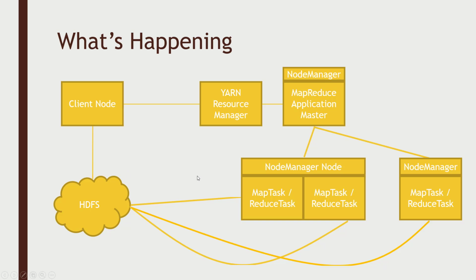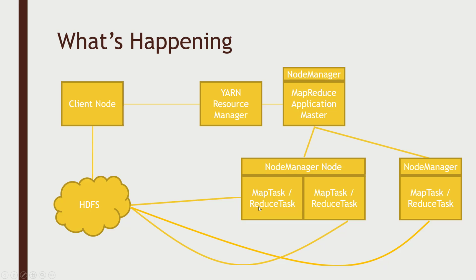One other thing worth talking about is that when your resource manager decides where to actually launch a given mapper or a given reducer, it will try to make that run as close to the data as possible. So let's say I'm running a mapper for a given subset of our input data. Remember in HDFS, that input data is going to be split up into blocks that are replicated across 2 or 3 or even more nodes across your cluster.